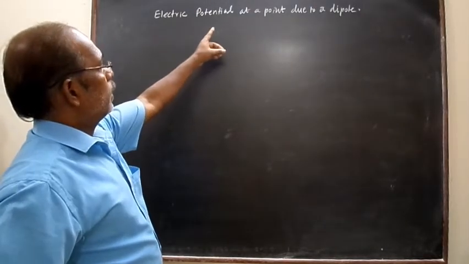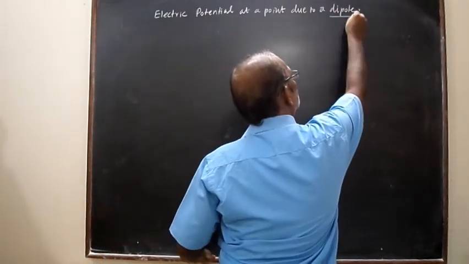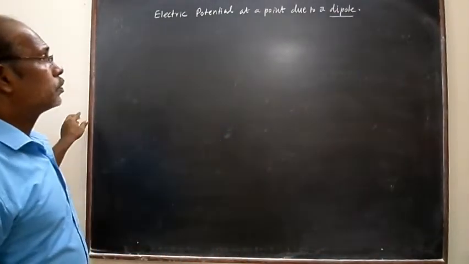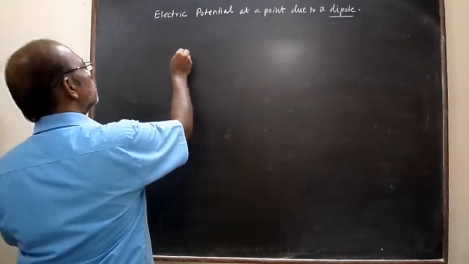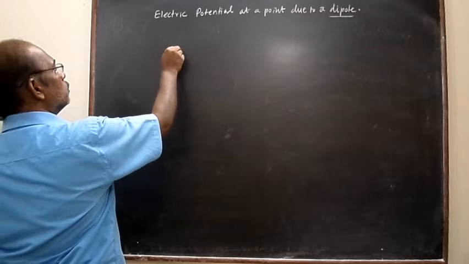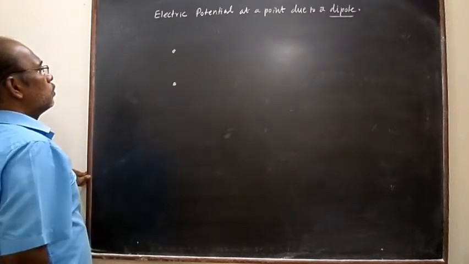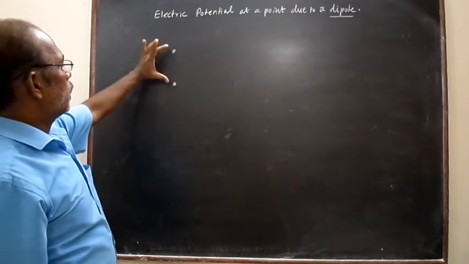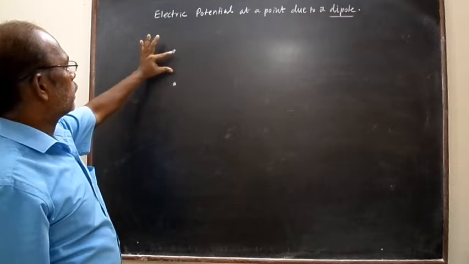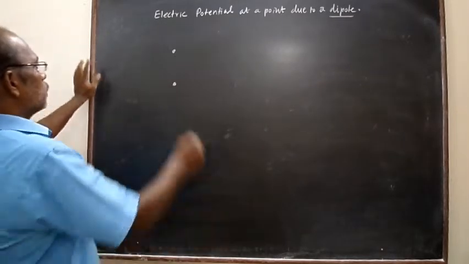Electric potential at a point due to a dipole. Whenever two equal and opposite charged particles are kept at a very small separation, they give a dipole.